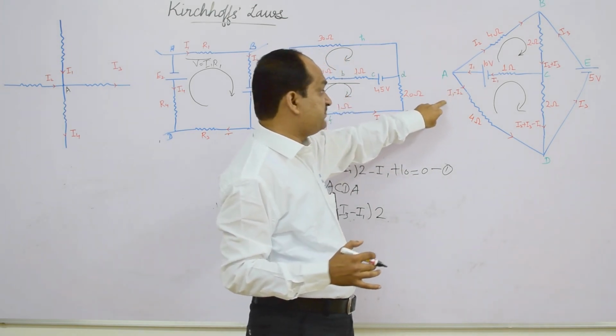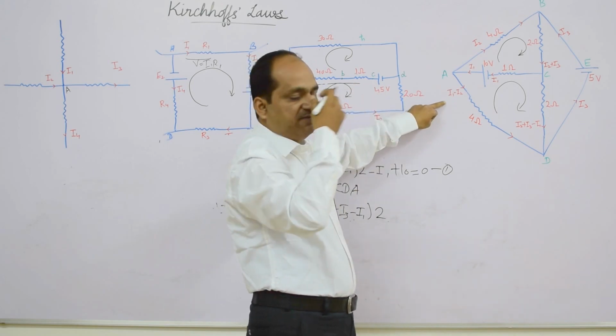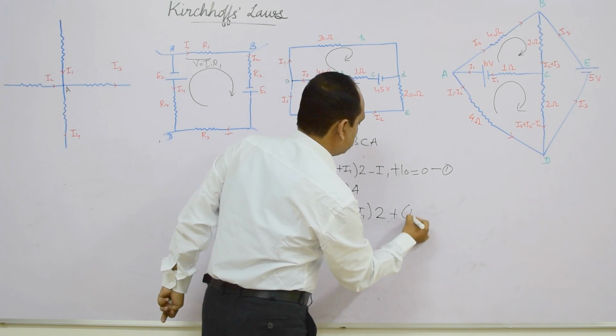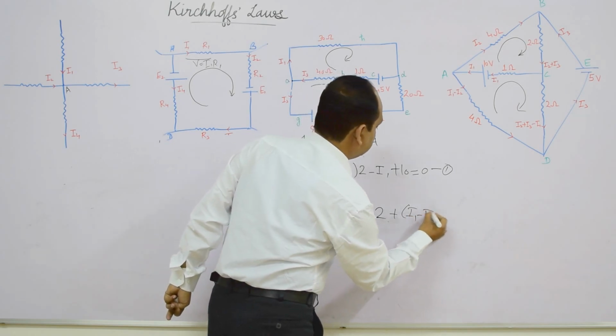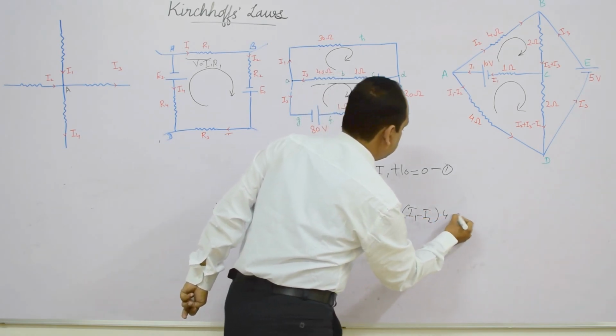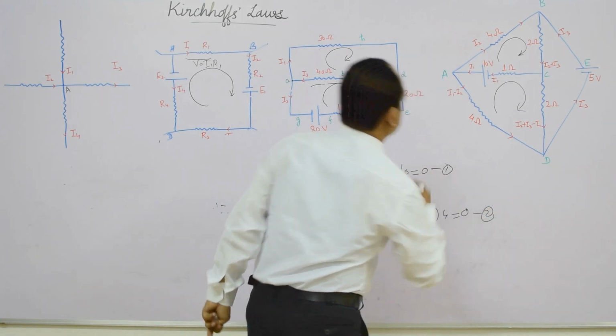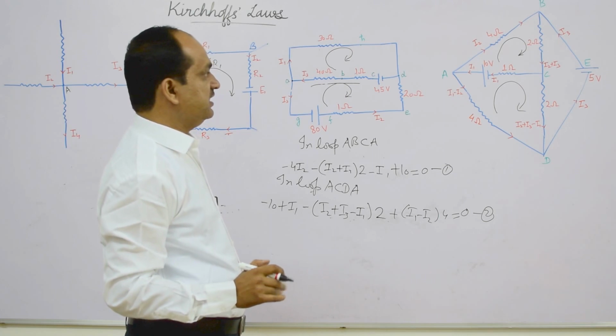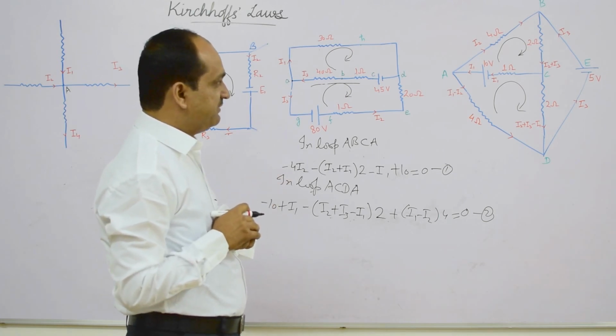And if the current is passing anti-clockwise, we will take its direction positive. So we have plus I1 minus I2 into 4 that is equal to 0. These are the two equations and we need three equations to solve three variables.